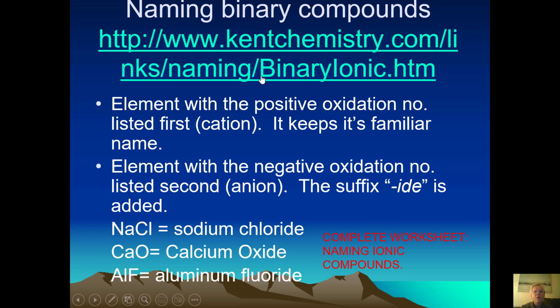So at this point, you should probably stop this video where we are here and go to the chemistry website. The link is in your assignment page, and watch this. I'm going to go to the sheet, complete the worksheet naming ionic compounds in a second after the next slide, because it kills 2 birds with 1 stone.